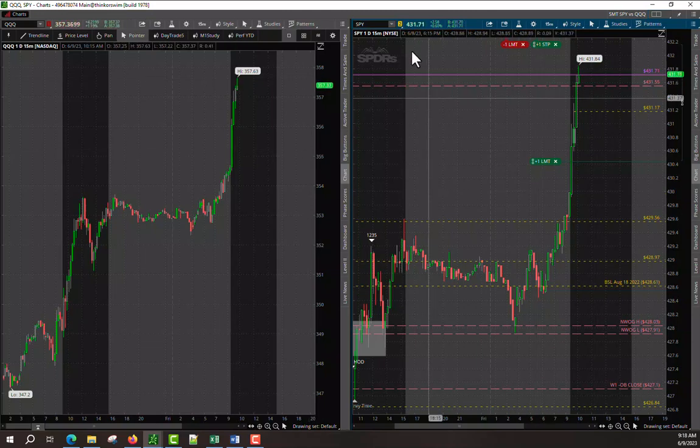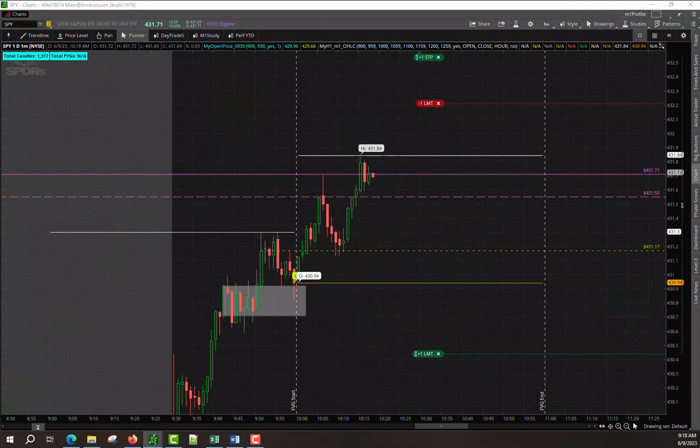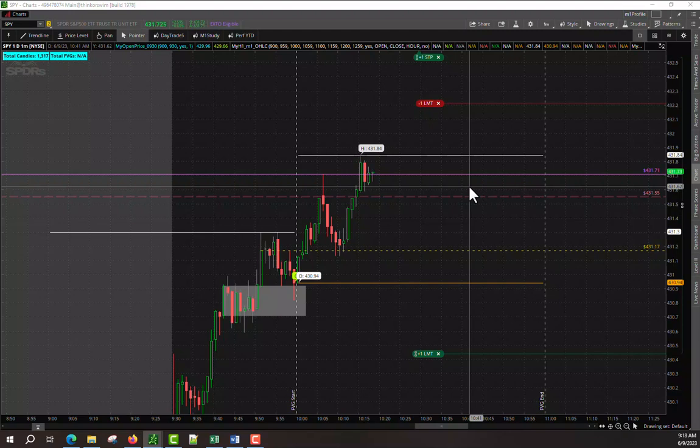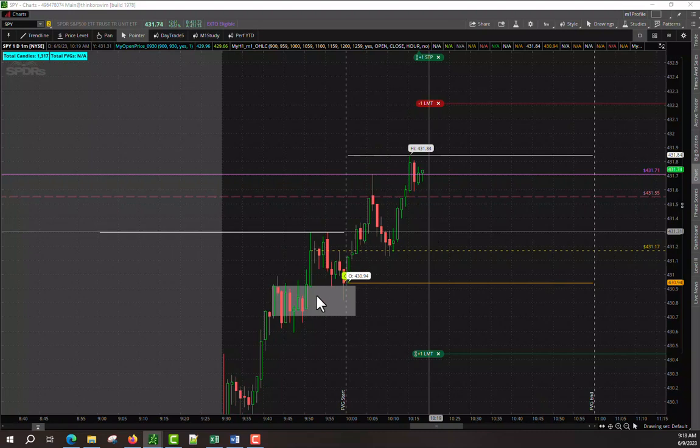So it's very risky to enter a counter trend trade, right? Counter trend trades are always risky. They have lower probability than go with the trend trades. So the trend right now is going up.